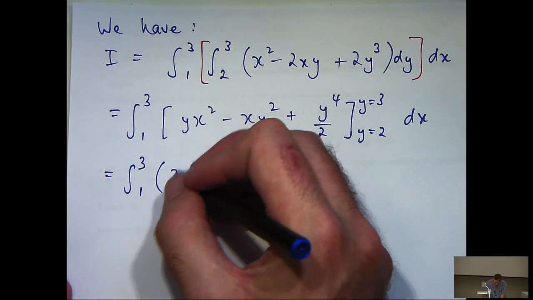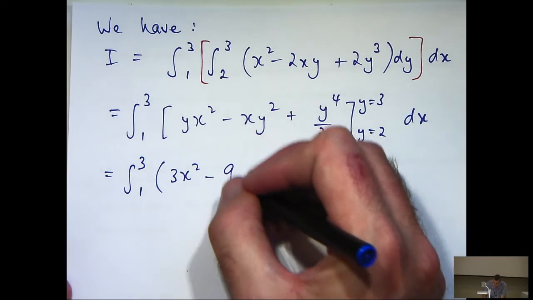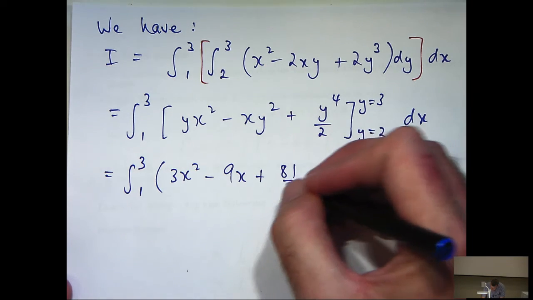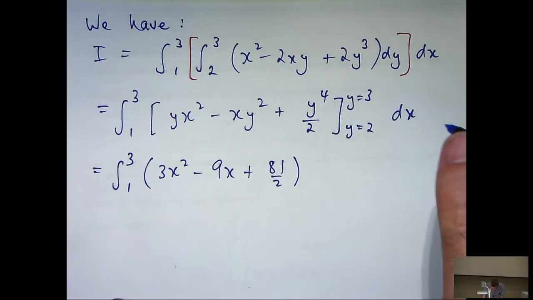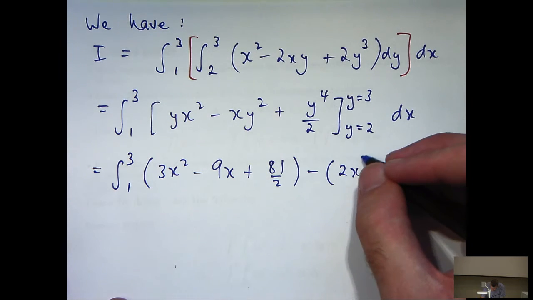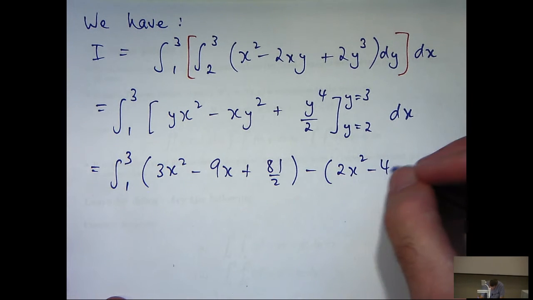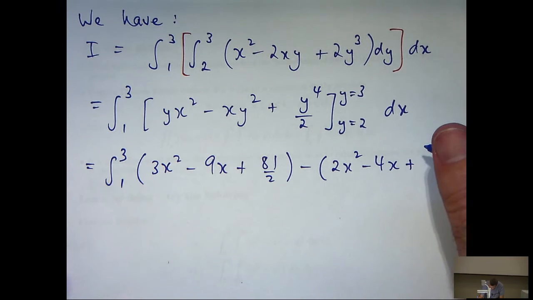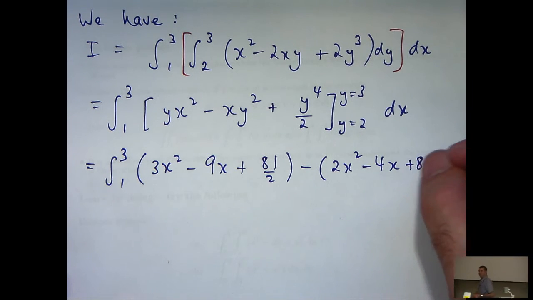So I'll get 3x squared minus 9x plus 81 on 2, minus, substitute y equals 2, 2x squared minus 4x plus 8.